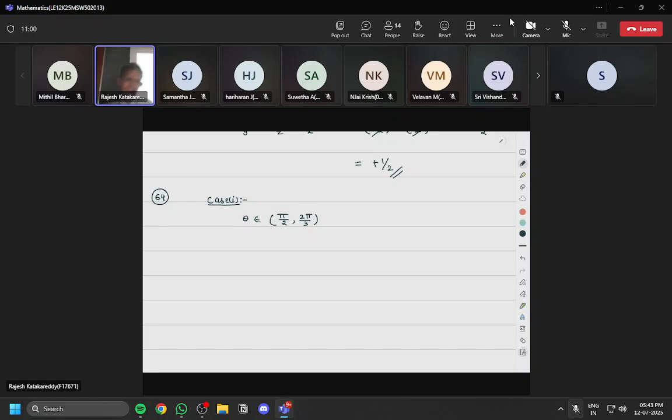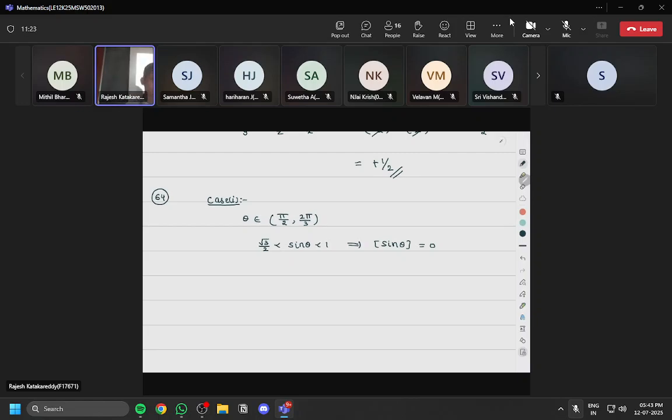Next, in this interval, let me write the range of sin theta. Sine is a decreasing function, so root 3 by 2 is less than sin theta, which is less than 1. Next to this, the greatest integer of sin theta must be equal to 0. Any doubts on this?